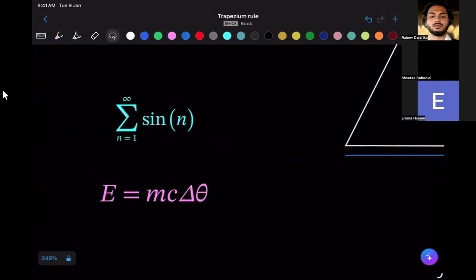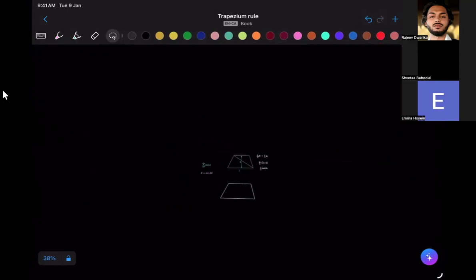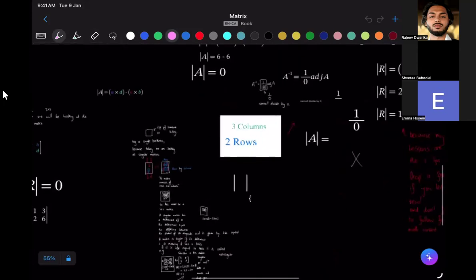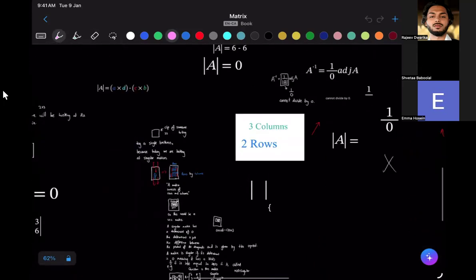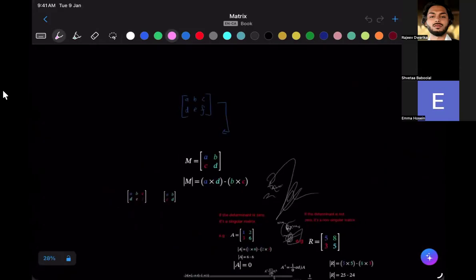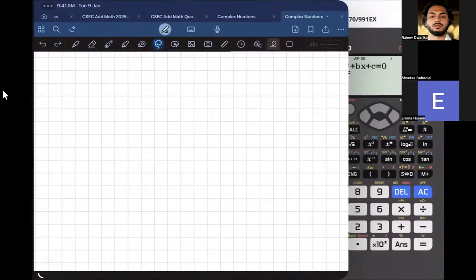This app is better, and look how much... Yeah, and you have unlimited space there. You could just keep scribbling forever. Nemo, you say? Say that again? The name of the app. No, I didn't say Nemo. Nebo. Yeah, Nebo.